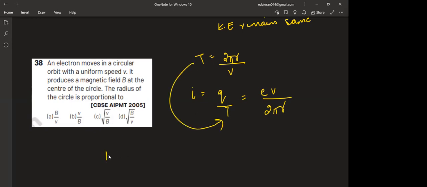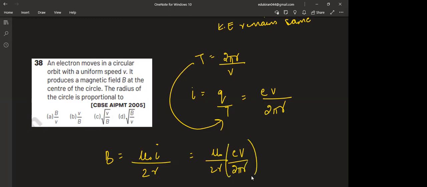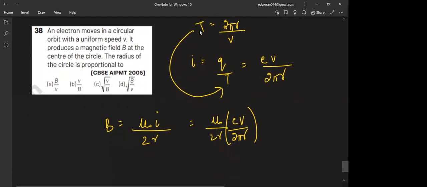Now magnetic field's formula at the center of circle is mu naught I by 2r. So we can put in the value of I. I can be written as eV by 2 pi r. Fine. Now look here, radius is proportional to C. Yes, it is C option.